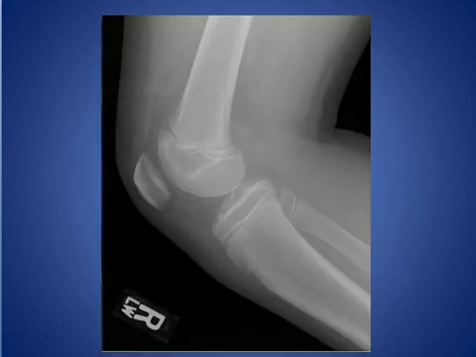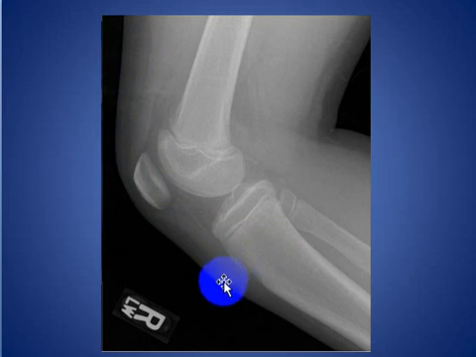Next case, this is a 10 years old child with knee pain. As we see here, this is lateral knee joint X-ray. We see soft tissue swelling opposite the tibial tuberosity, and the tibial tuberosity associated with some fragmentation and little bit sclerosis.